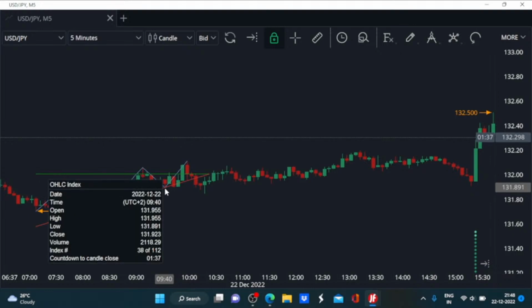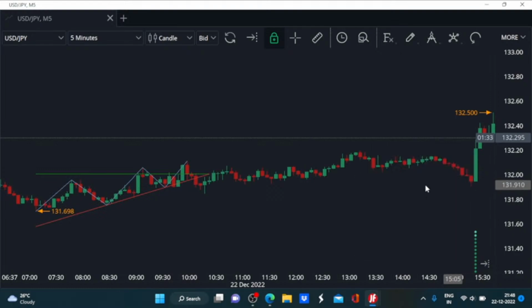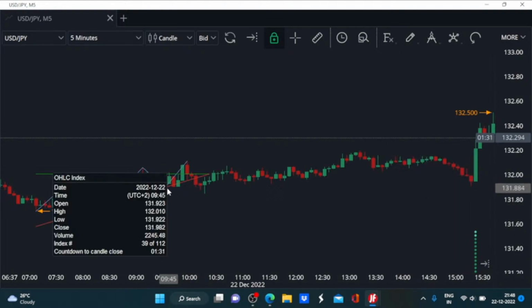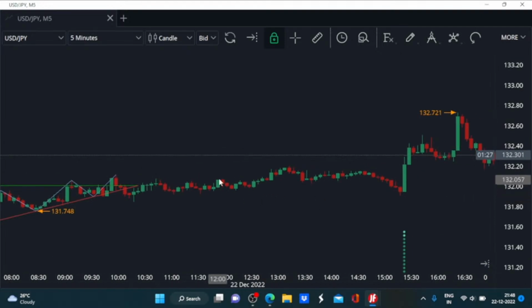There is not much of a difference. I think a slight difference, with this swing low being slightly higher compared to the prior swing low.